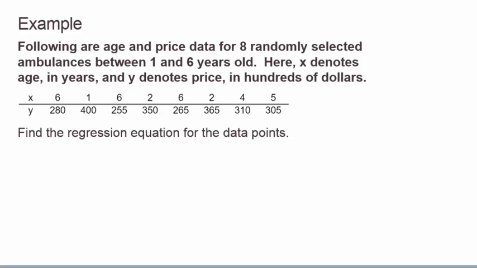The points are (6, 280), (1, 400), (6, 255), (2, 350), (6, 265), (2, 365), (4, 310), (5, 305). Find the regression equation for the data points. Our regression equation is y hat equals b sub 0 plus b sub 1 x. b sub 0 is the y-intercept, b sub 1 is the slope. Again, we use y hat to denote the regression equation.